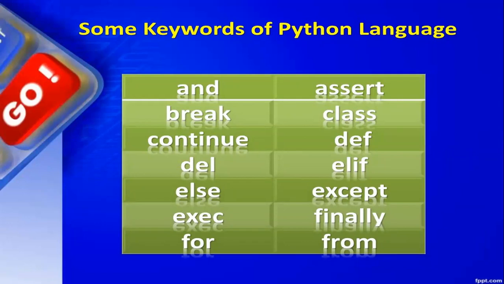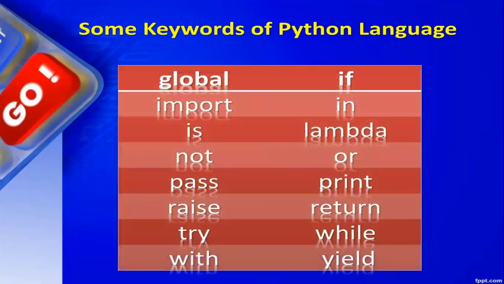Continue, finally, from, these are all keywords of Python language. Some more keywords are these: if, is, in, or, not, try, while, with. All these are some more keywords of the Python programming language. You will have a list in your textbook. You can go and have a look.